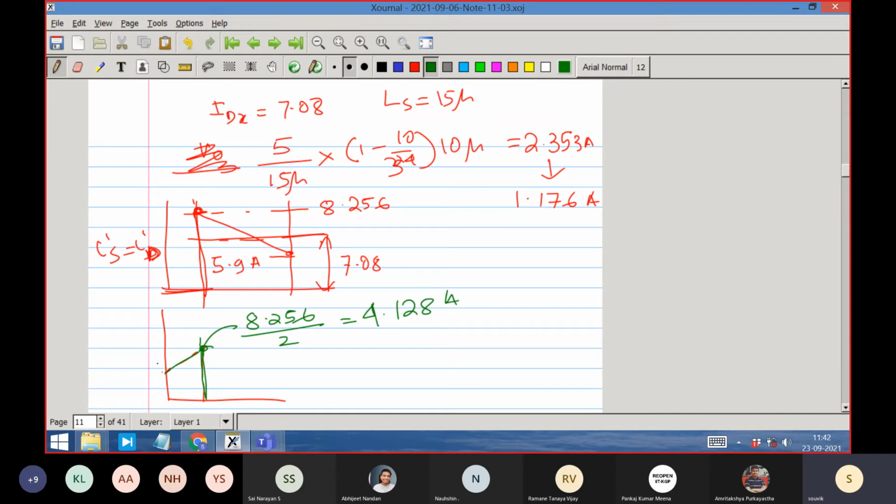And the other will be divided by 2 as well, so 5.9 divided by 2 is 2.95 ampere. The average of this level will be the sum divided by 2, 4.128 plus 2.95 divided by 2, which is equal to 3.54 ampere.